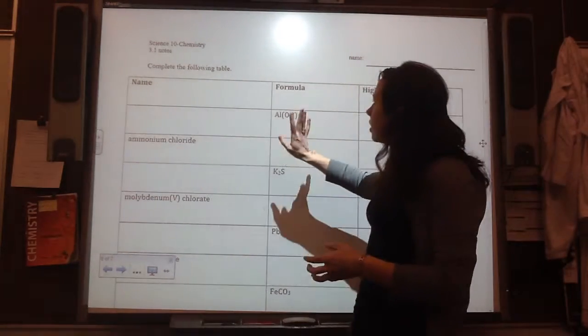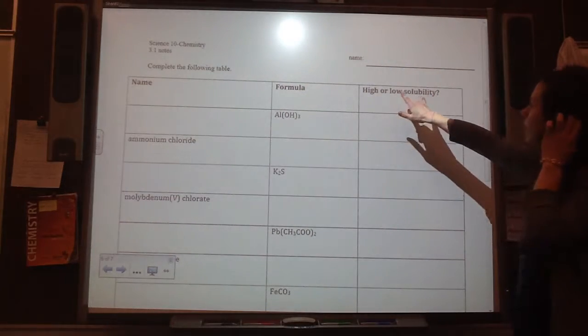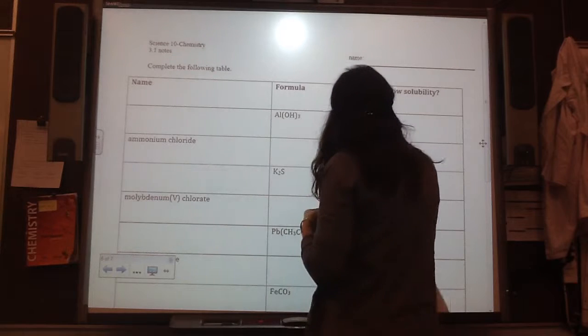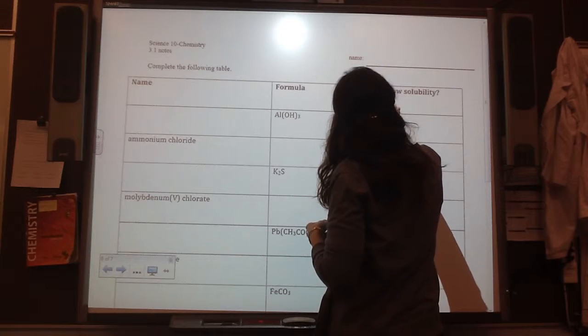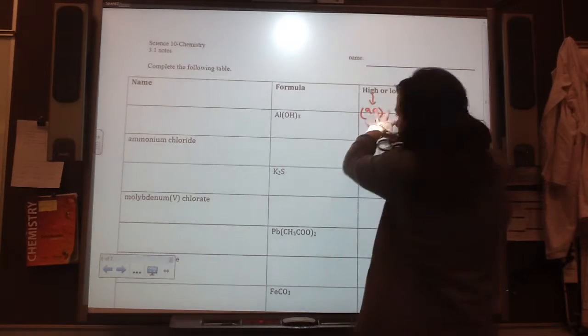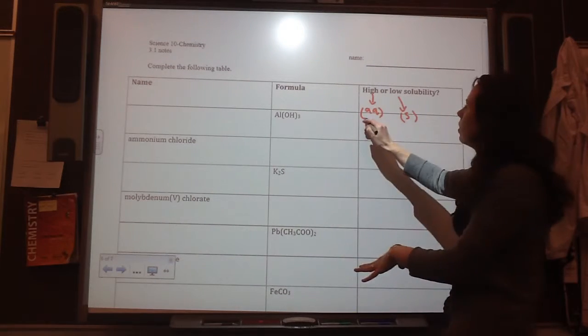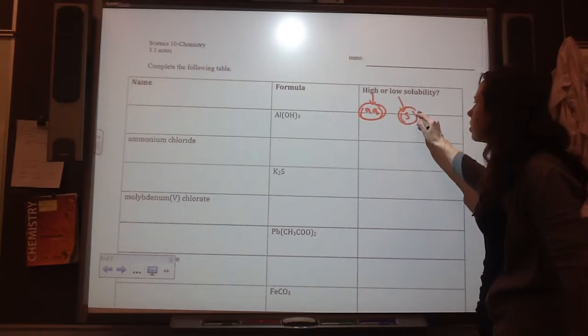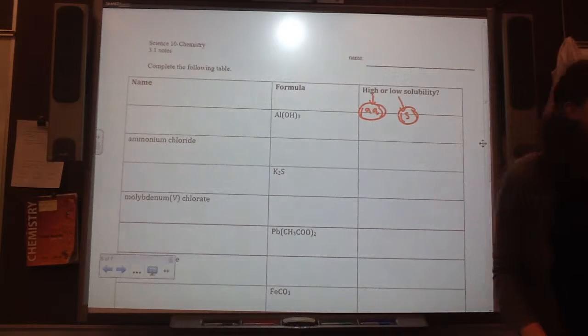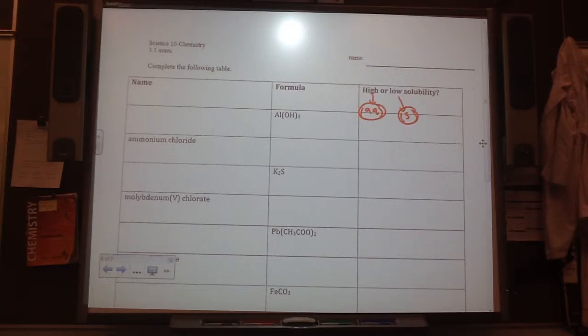So do the naming and the formula just like normal, and then say, is it high solubility or low solubility? High solubility means that it would be aqueous, and low would mean that it's solid. So in this column, write down the state, if it's aqueous or solid, if it's dissolved. Okay? So that's what I want you to do.